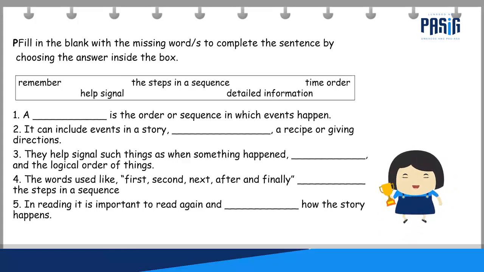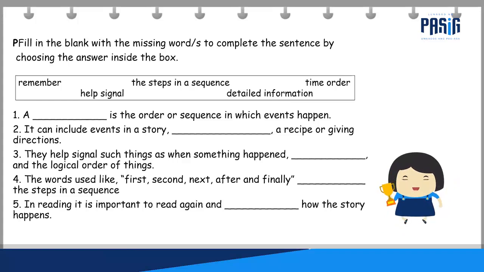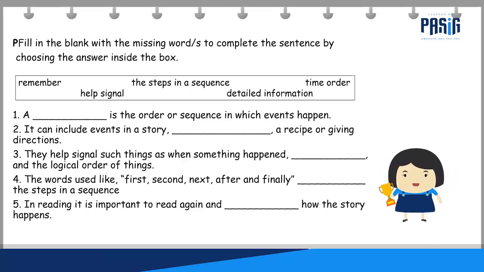Number 2. Can include events in a story, blank, a recipe, or giving directions. Number 3. They help signal such things as when something happened, blank, in the logical order of things.